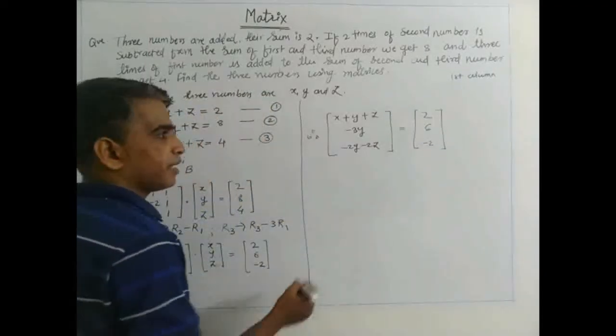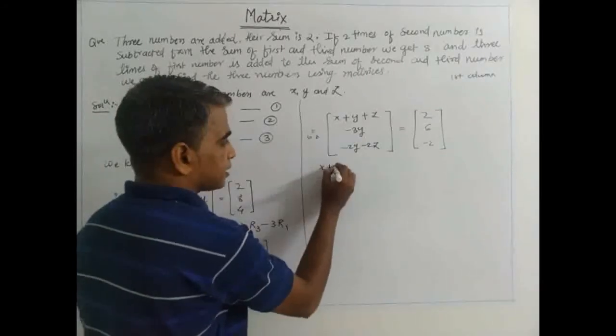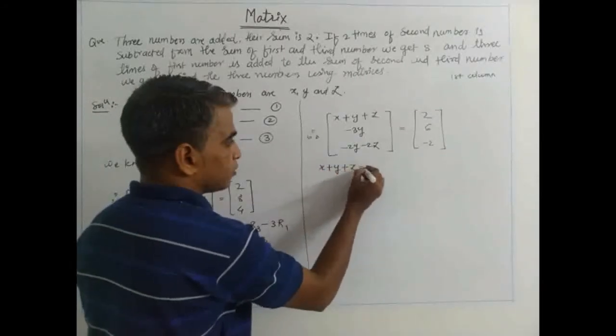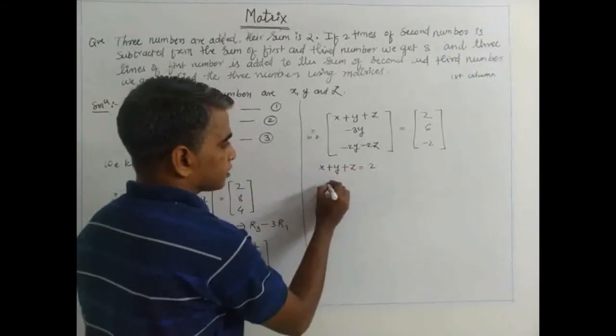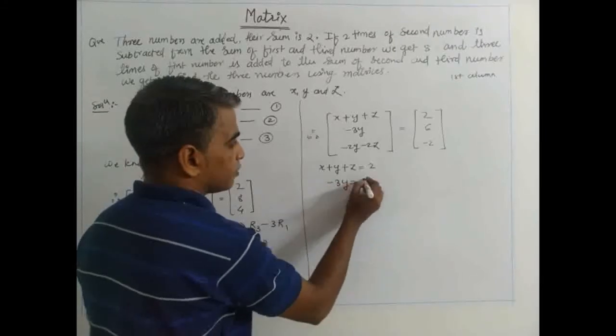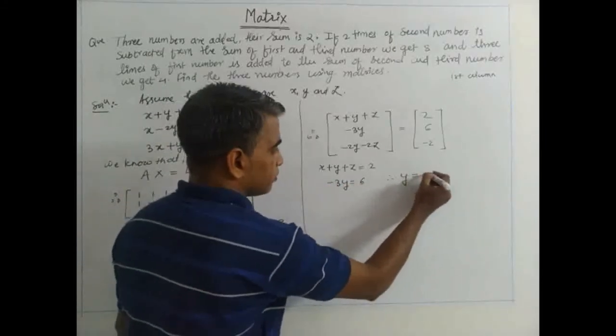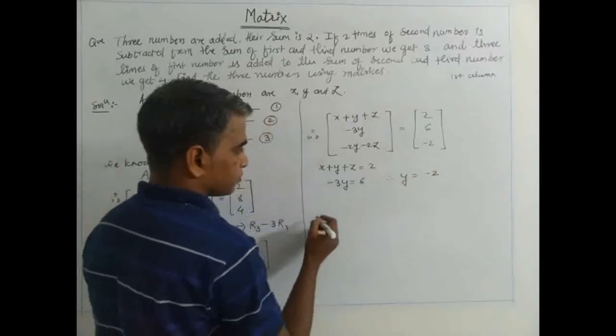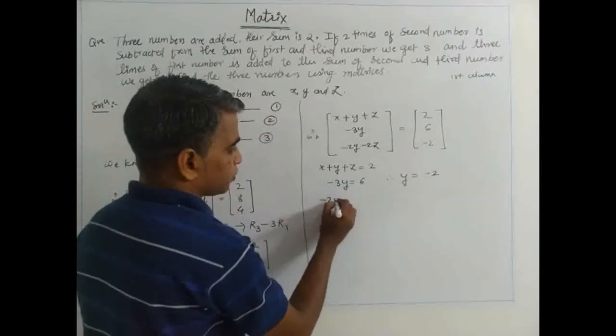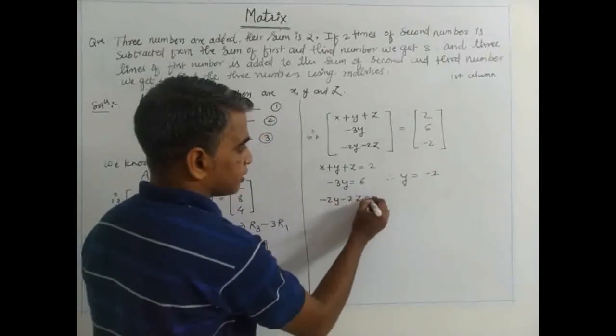By equality of matrices we will get the equations x plus y plus z is equal to 2. Next, minus 3y is equal to 6. If we simplify this equation, y is equal to minus 2, and minus 2y minus 2z is equal to minus 2.